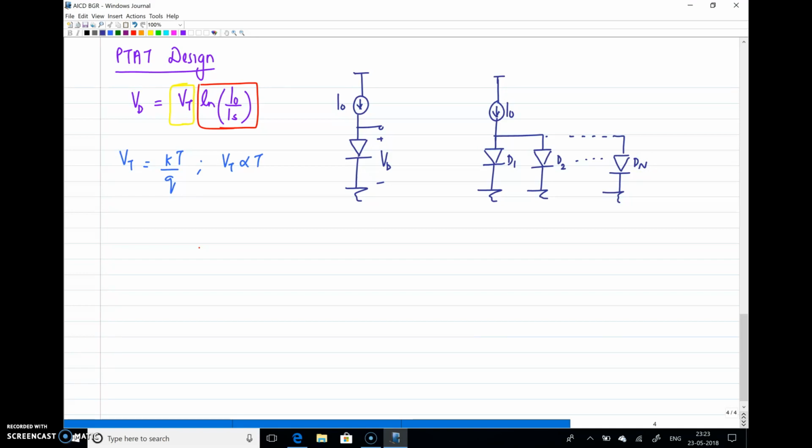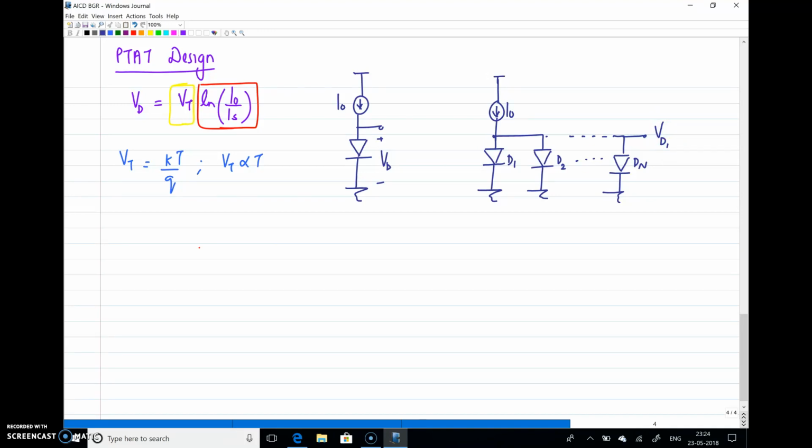Now the voltage across all the diodes is the same, there is no doubt in that, right? The voltage across all the diodes is the same, and I'll mark this as, say, Vd1.